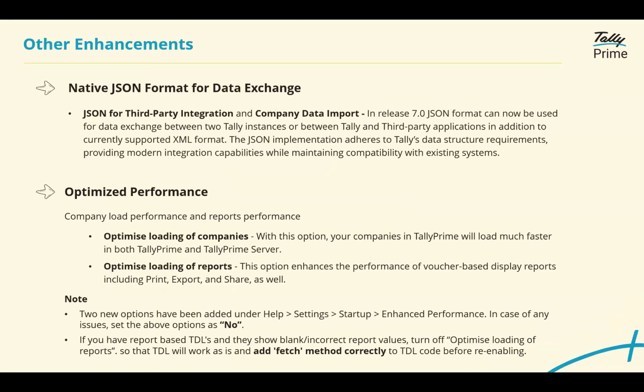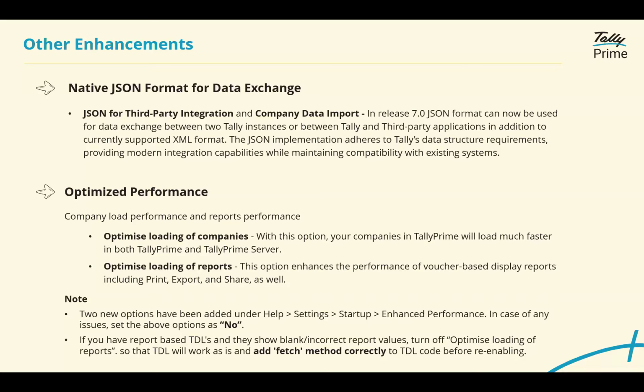So adding to XML format, we have supported JSON also now. And performance is optimized here in 7.0. You may feel a difference when you load companies and when you load reports such as voucher based reports, day book, sales register, and any other voucher based report.